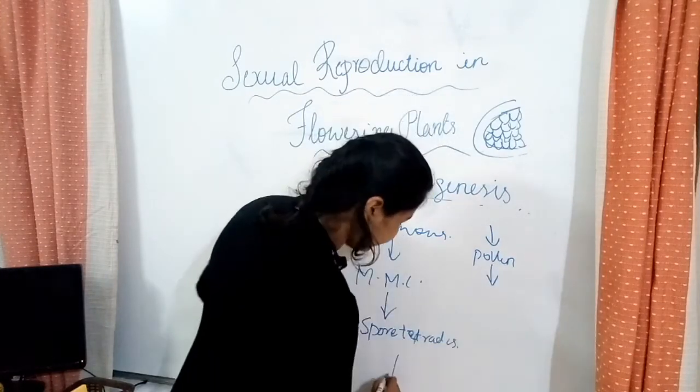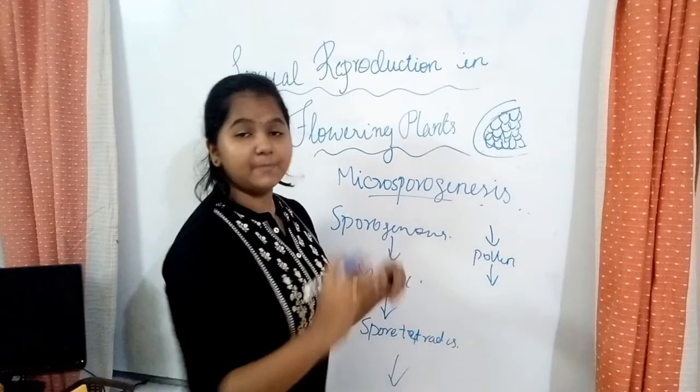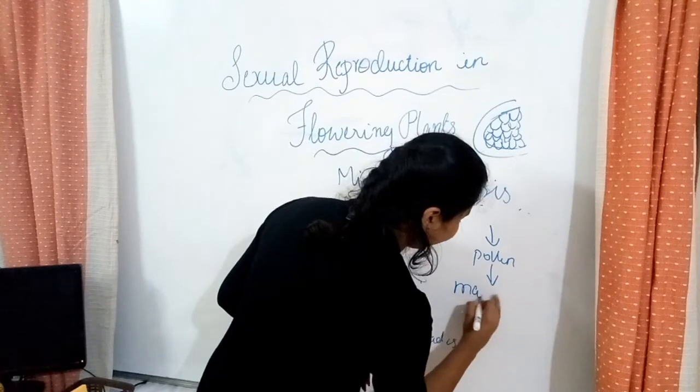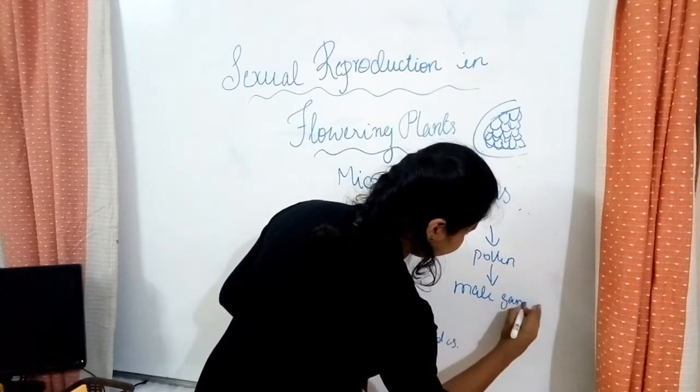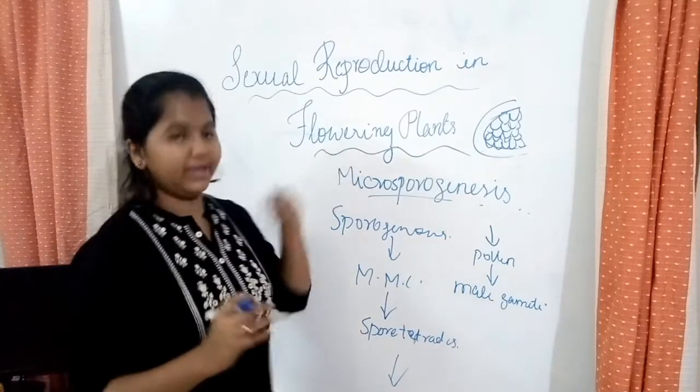I am drawing it like this because there is no space below. So these are the pollens. Pollens mature, and the mature pollen contains the male gamete. Okay, this is the formation of microspores.